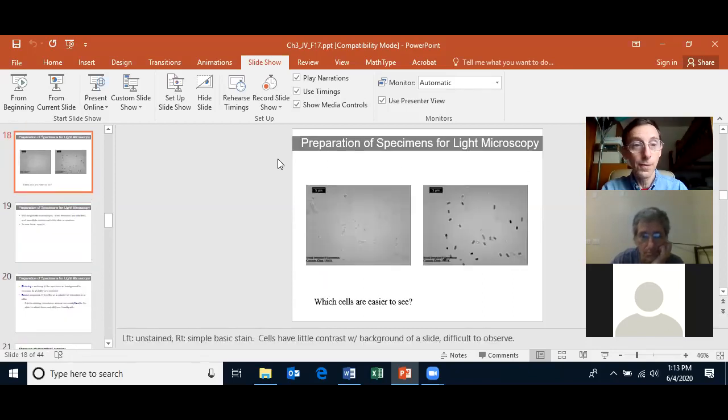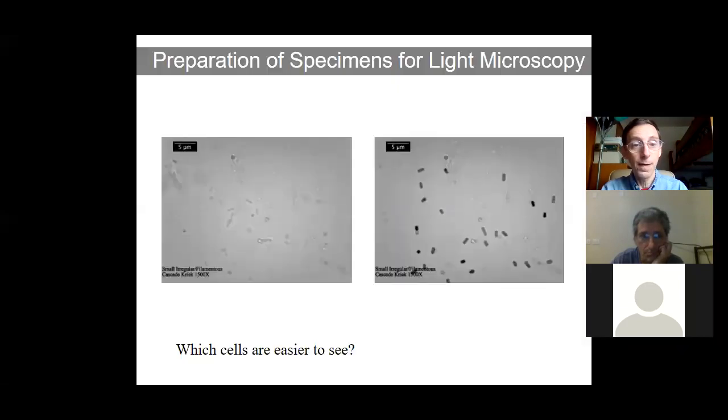Here's a question I can ask you. This is also in the worksheet, but which cells are easier to see? The cells on the left or the cells on the right? The right. The cells on the right. The only difference between these cells and these cells is that these cells are stained, these cells are not. And obviously it shows you when the cells are stained, they're much easier to see.